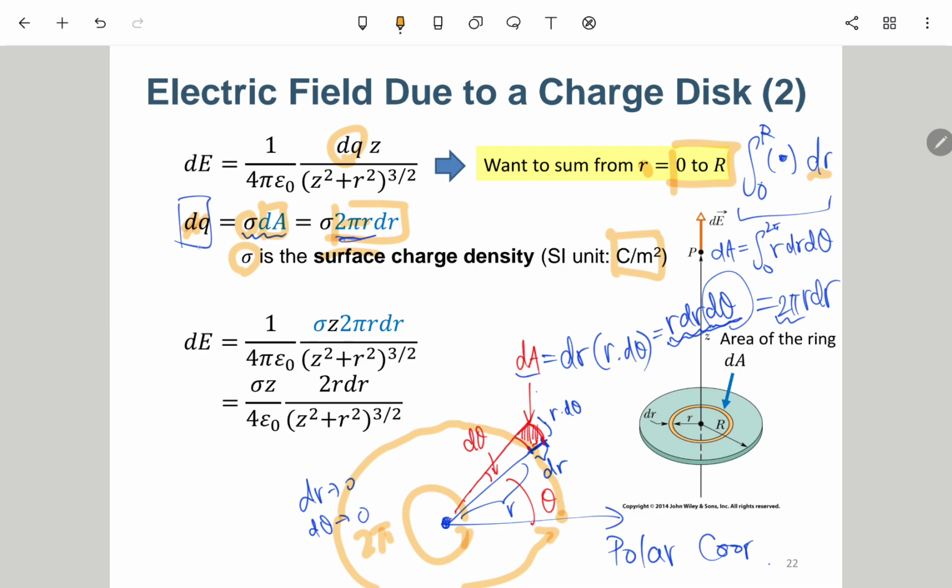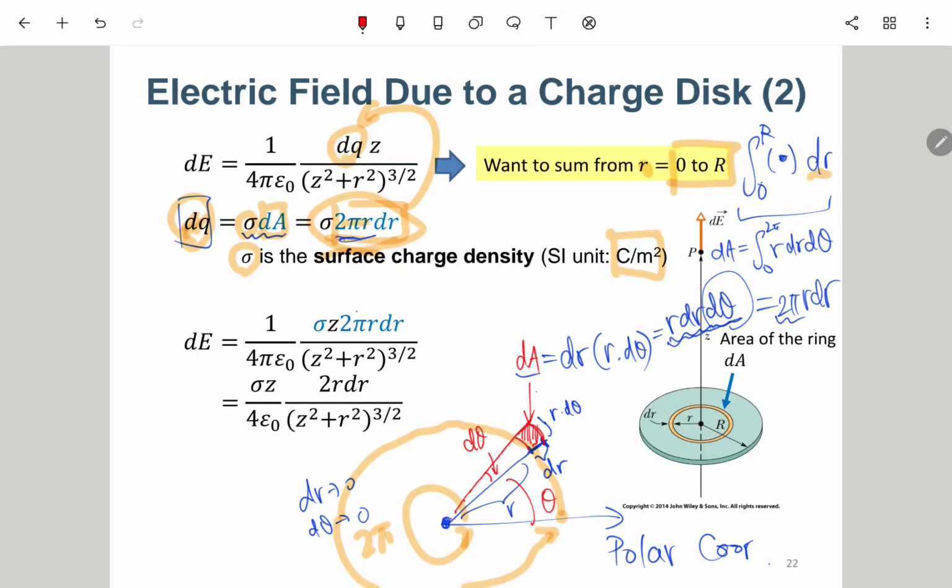So here we can substitute this expression to here. We can see 1 over 4 pi epsilon naught is this one, and then we have sigma, 2 pi r dr, and then the z we put here, and this denominator we also put here. What we only substitute is this one, and it becomes this expression. Then we do some cancellation.